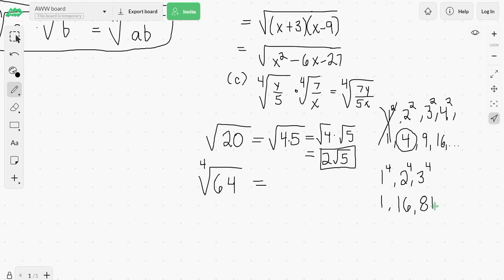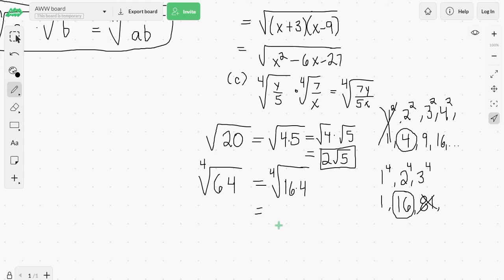But anyway, we can already see that this is going over the value of 64 that we have here, so we kind of rule that out. It can't divide it if it's larger than it, right? So it turns out that 16 works nicely. 16 does divide into 64. So we can rewrite this as the 4th root of 16 times 4.